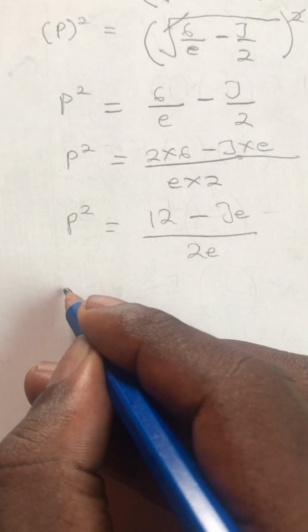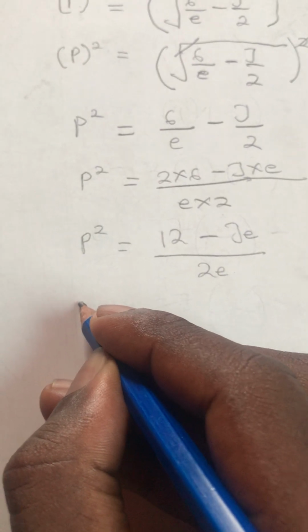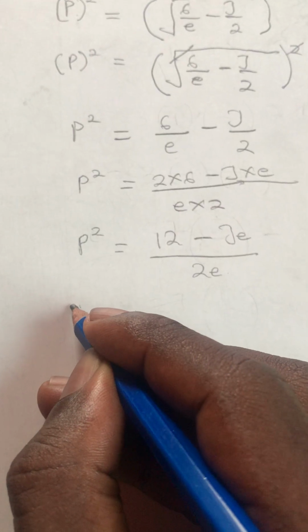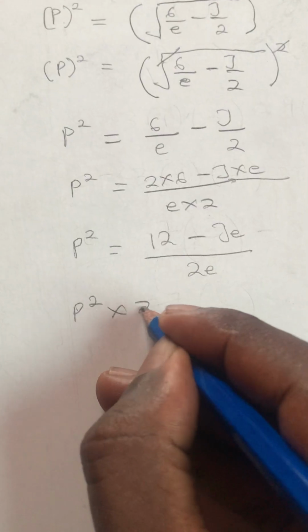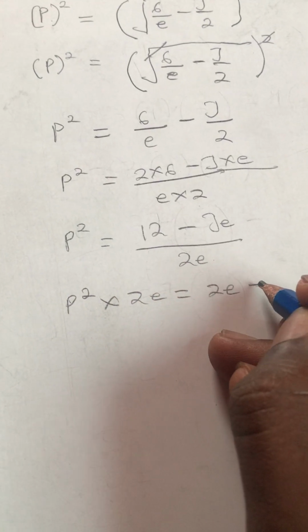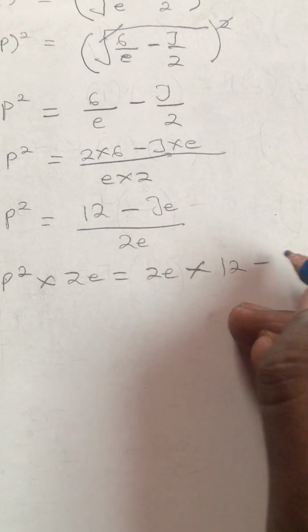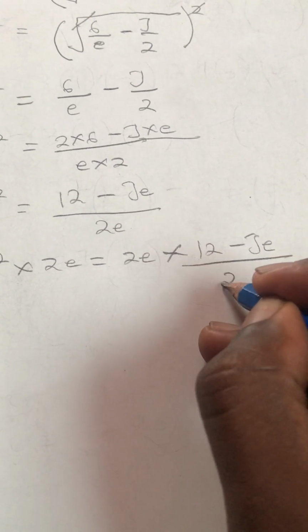So we are going to have P squared on both sides of the equation multiplying 2E, equals 2E multiplying the fraction 12 minus JE over 2E.